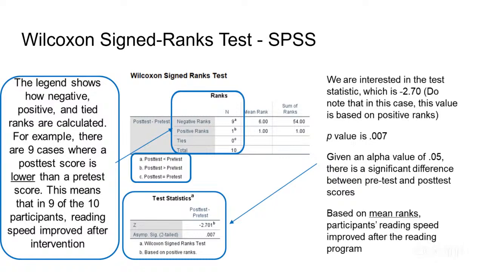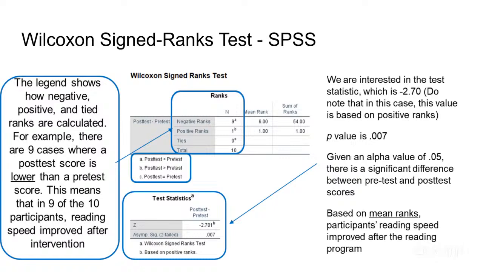The legend shows how negative, positive, and tied ranks are calculated. For example, there are 9 cases where a post-test score is lower than a pre-test score. This means that in 9 of the 10 participants, reading speed improved after intervention.